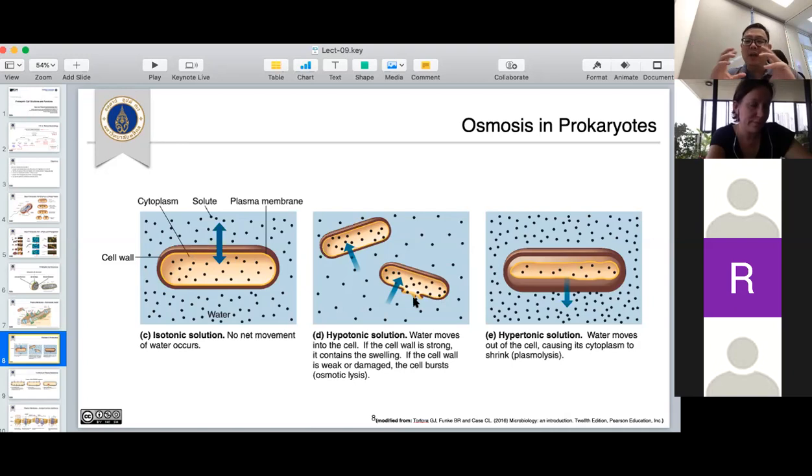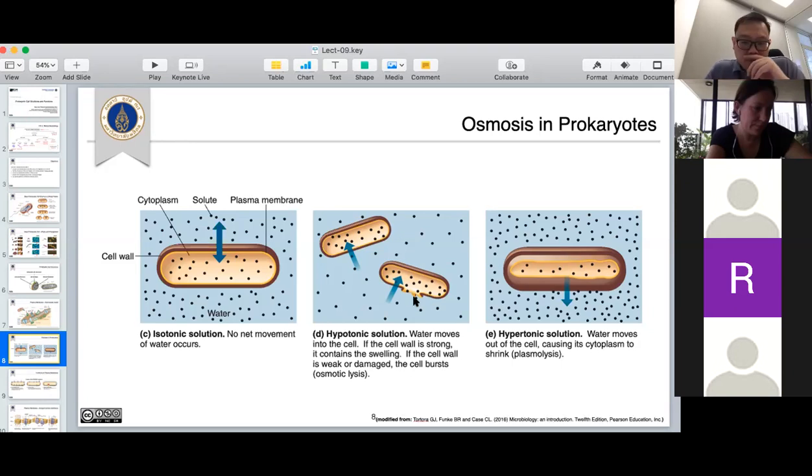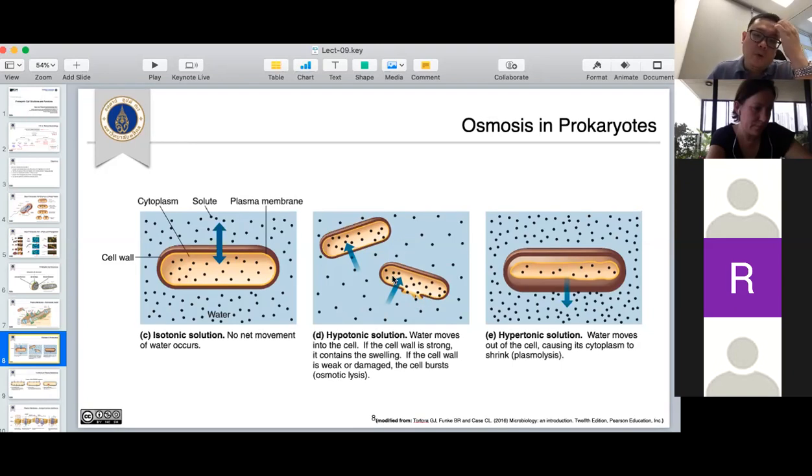But most bacteria have a cell wall, particularly gram-positive, right? You learned gram-positive, that means bacteria have a strong cell wall. They can tolerate the high osmotic pressure. But if you add something more, make the solution hypertonic, they pull the water back to the environment.